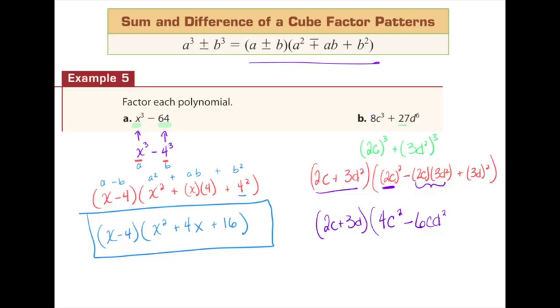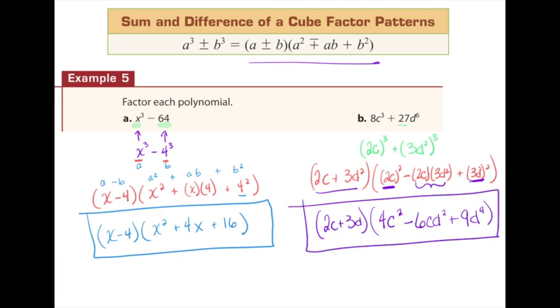And then I want to simplify the last term, b squared. 3 squared gives me a 9. d squared squared gives me d to the 4th. And so that is my answer for that factoring. You really need to memorize this factoring here. You need to memorize, if it's a cubed plus or minus, what's the factoring there?